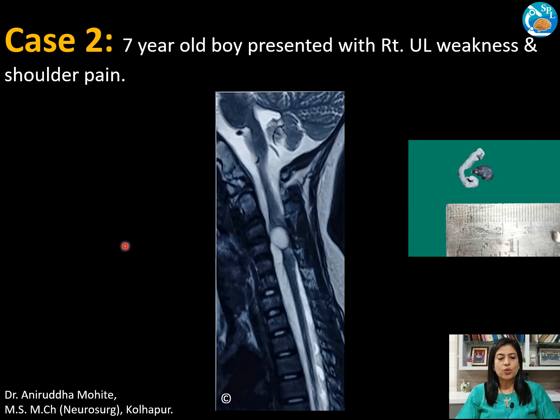This lesion was hyperintense on T2 weighted images and hypointense on T1 weighted images, and on T2 the walls appeared smooth and hypointense.